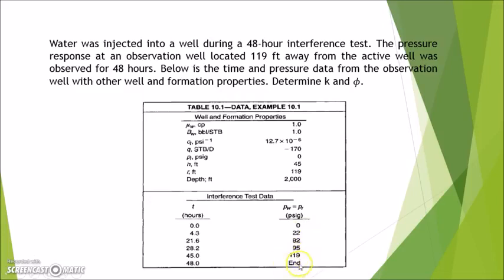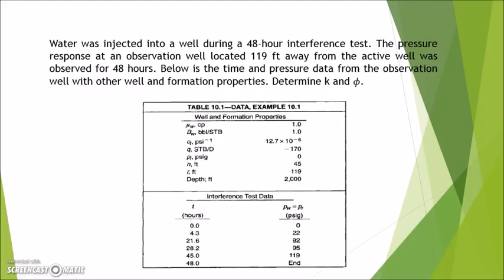We can also see in the data, the last point in the given pressure data is stated as N. We can also ignore this point, along with T equal to 48 hours, because we cannot plot this data. So from all the 6 points given, we only need to plot 4 of them.